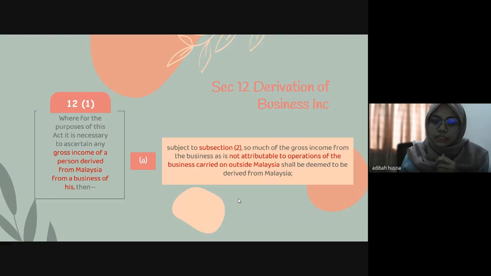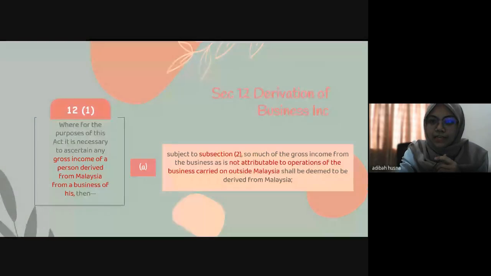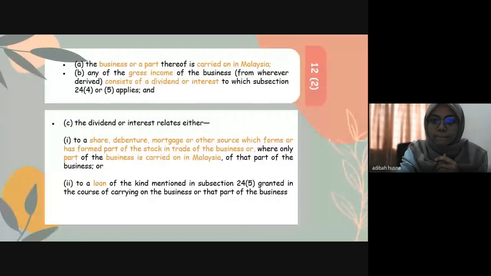Actually, subsection 2 is about the gross income from the business that is not attributable to the operation of the business carried on outside Malaysia, which should be deemed to be derived from Malaysia where the business or a part thereof is carried on in Malaysia.